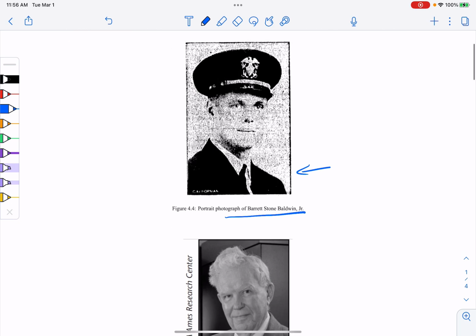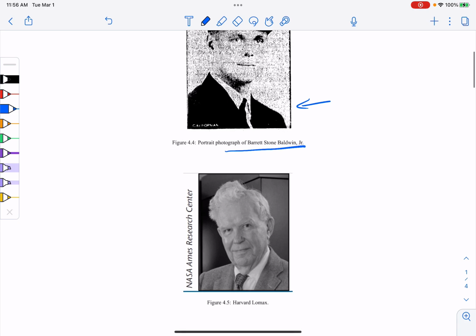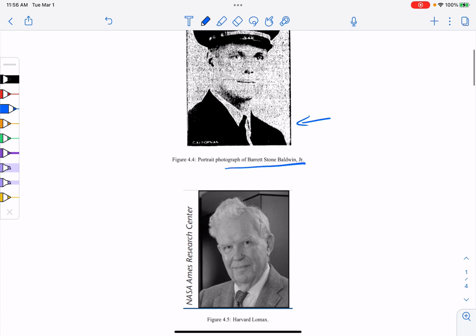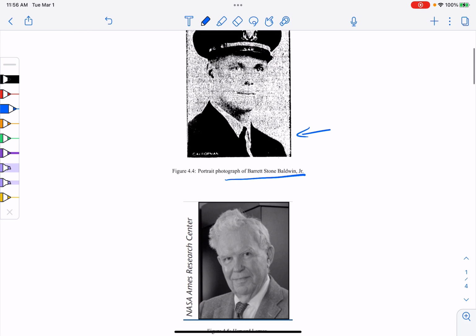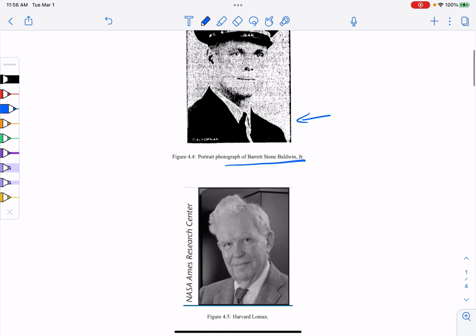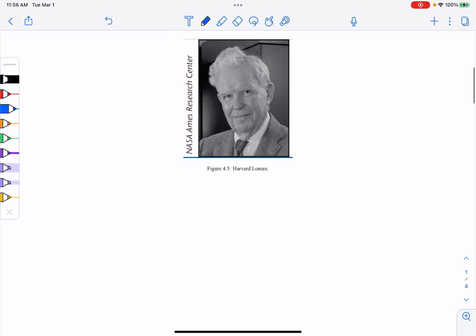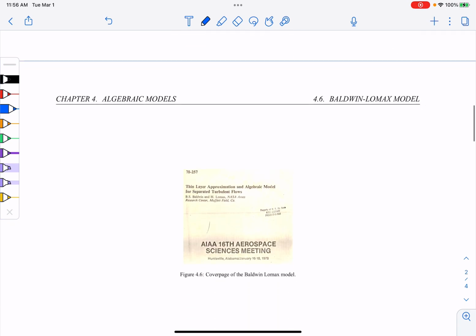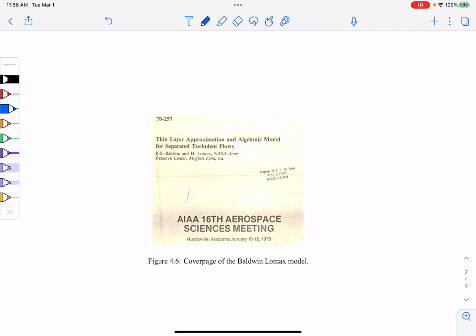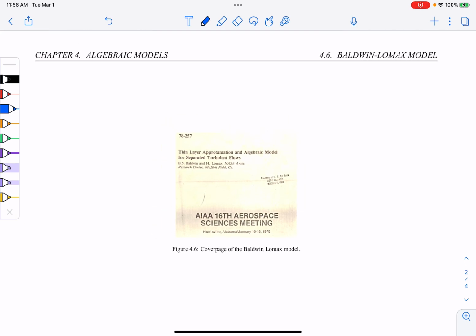And down here is an older picture of Harvard Lomax, his boss, who was basically running that group at NASA Ames. So these are the two people the model is named after, and you'll see in the paper I handed out, that's, of course, the authors. There's a lot of information online about Lomax. He's well known in AIAA, the aerospace community, and so those are just some little tidbits. Here's the cover page, which I handed out, so we'll look at that later.